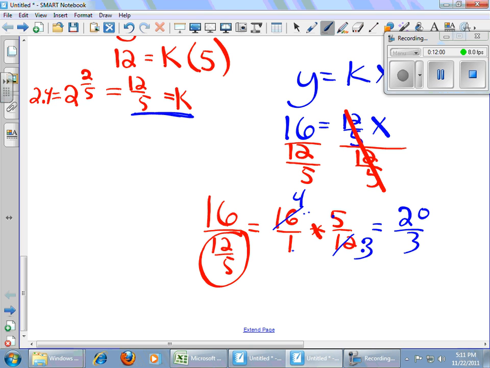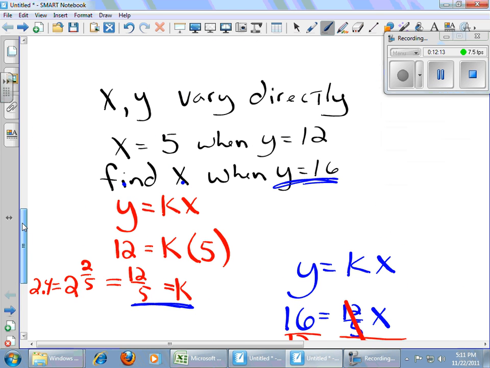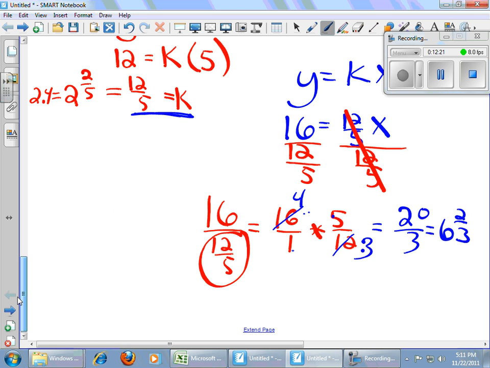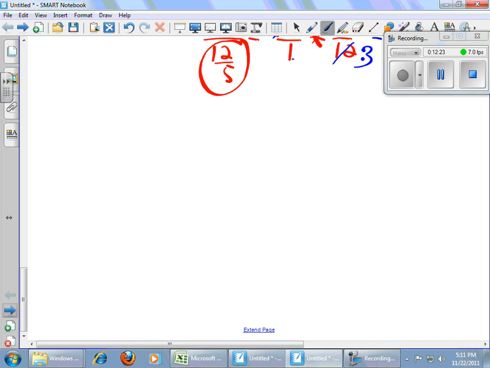It is a good number, but I'm going to go ahead and turn this into a mixed number now. 3 goes into 20 6 times. I'll be 2 short of 20, so it'll be 6 and 2/3. Okay, so that means way up here that x equals 6 and 2/3.